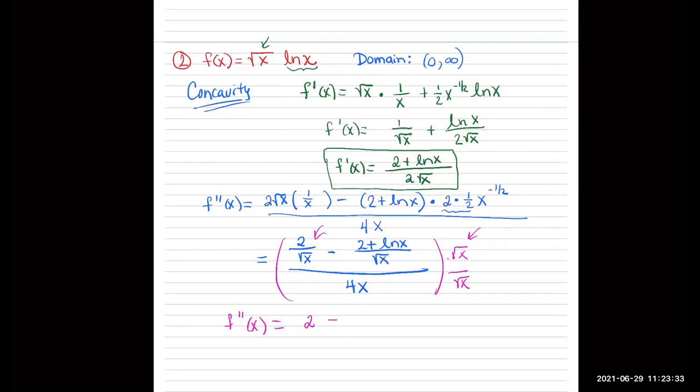Minus, same thing here when we multiply. This would be 4x times the square root of x. 2 minus 2 is 0, so it looks like I have minus the natural log of x on top, 4x square root of x on the bottom.